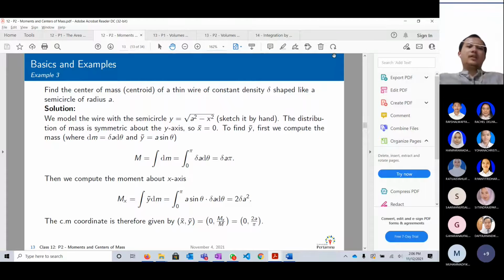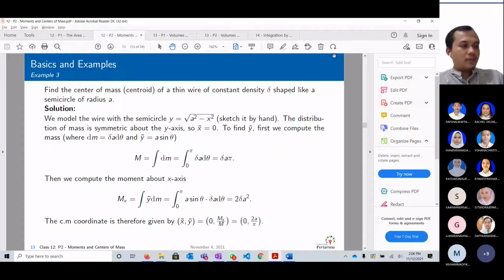So we have this wire, and we shape it like a semicircle, like this. Let's just say that it is a perfect semicircle. And then we want to compute the centroid or center of mass of this wire.